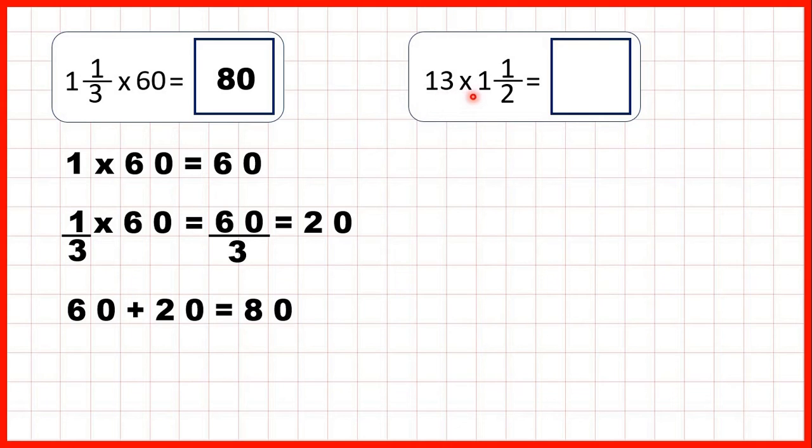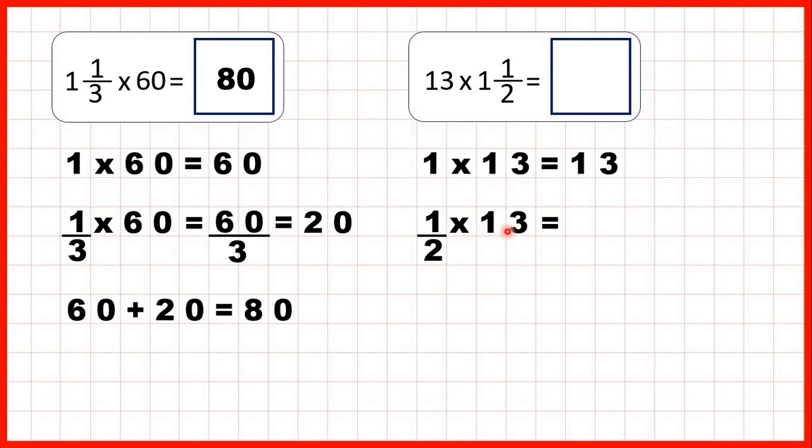Now 13 times 1.5. So 13 times 1 is 13, and we can work out 13 times 1/2, or 1/2 times 13. We remember the denominator stays the same, and 1 times 13 is 13, so we have 13 halves.